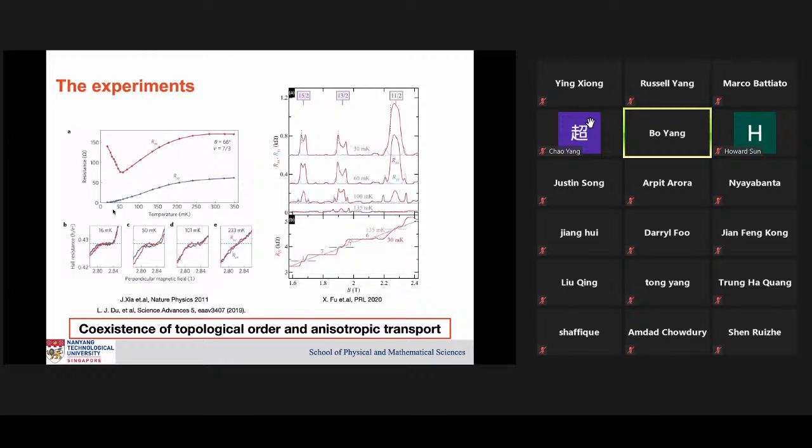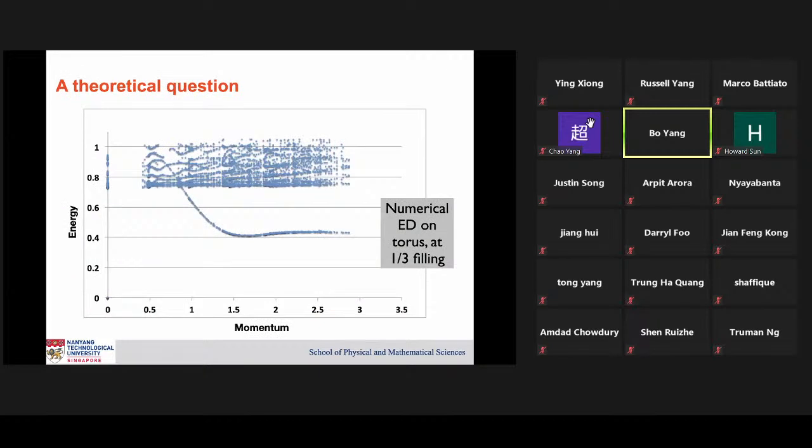What is surprising is that at low temperature, this anisotropy is enhanced, indicating some kind of a phase transition at low temperature in coexistence with the topological order for the ground state. So this has been extensively studied in theory because it itself is a very interesting theoretical question.